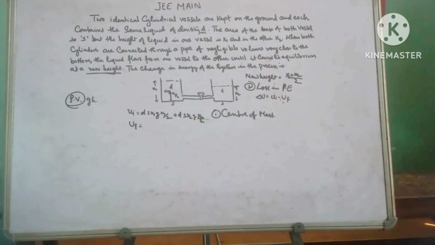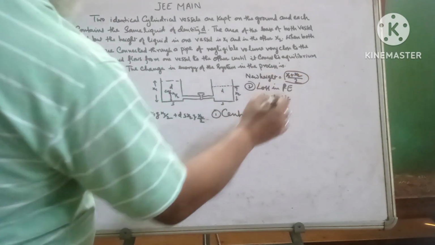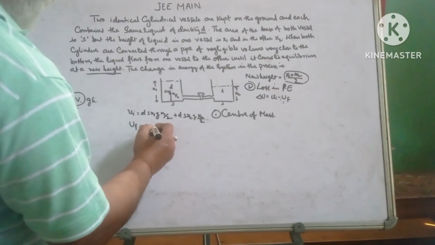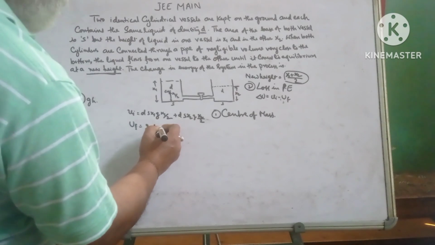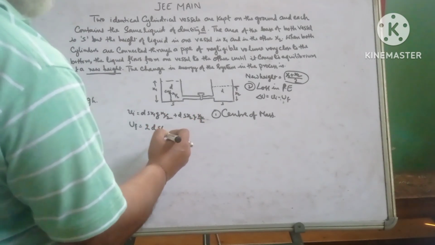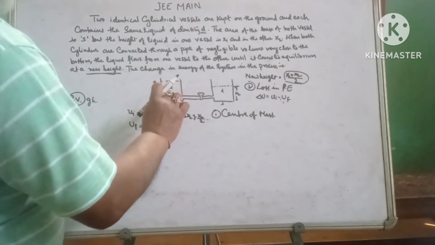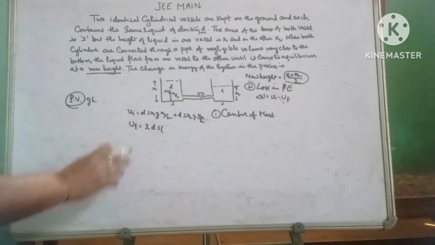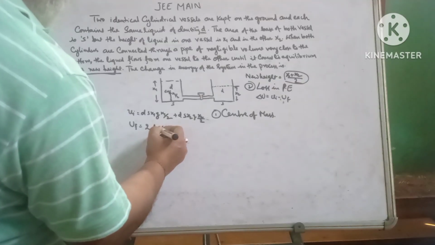And your final energy, with the new height, for these two together: 2 d, the area is S, and the height is (x1 + x2)/2, because both come to the same height and we consider the two together.